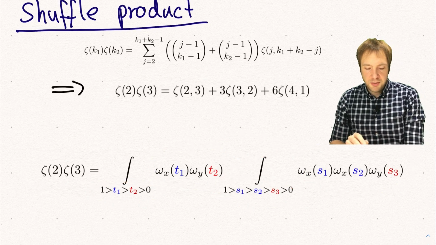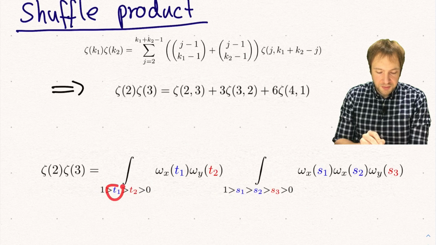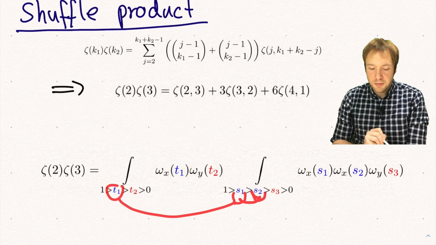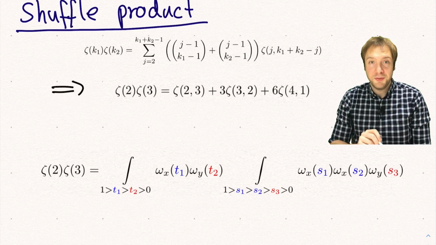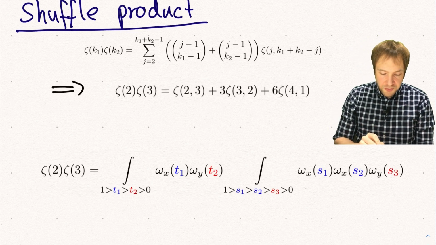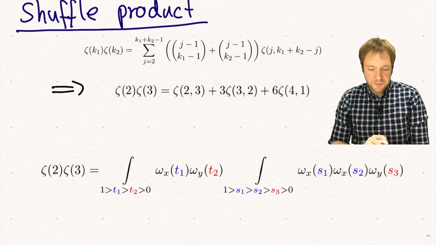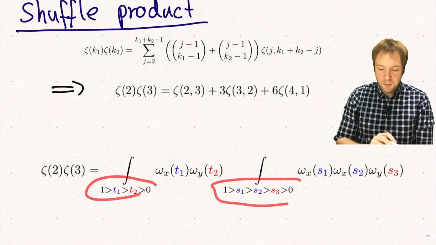And now what we will need to consider is all possible shuffles of these two domains, by which I mean we consider the case where this t1 is greater than s1 or smaller than s1 and greater than s2 or smaller. So we consider all these different ways of splitting up this integration, and also notice that the case when, for example, t1 equals s1, this is just one point. So taking the integral, this doesn't have any contribution because it has measure 0.